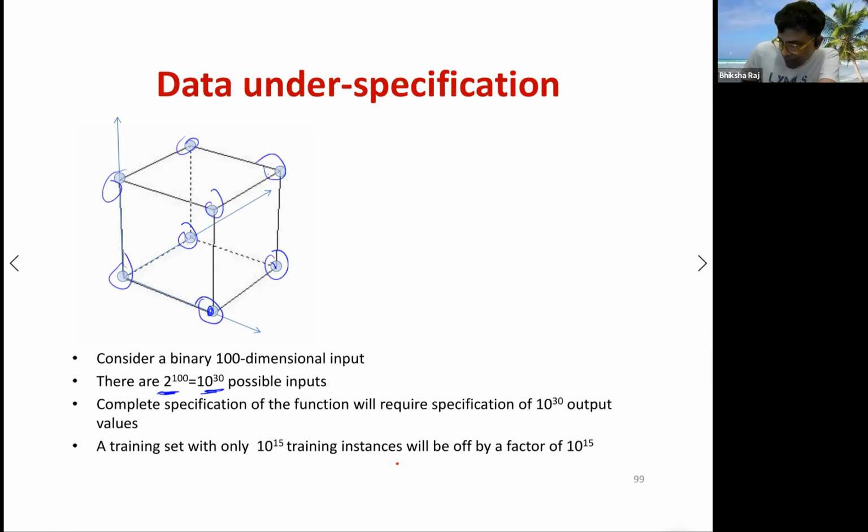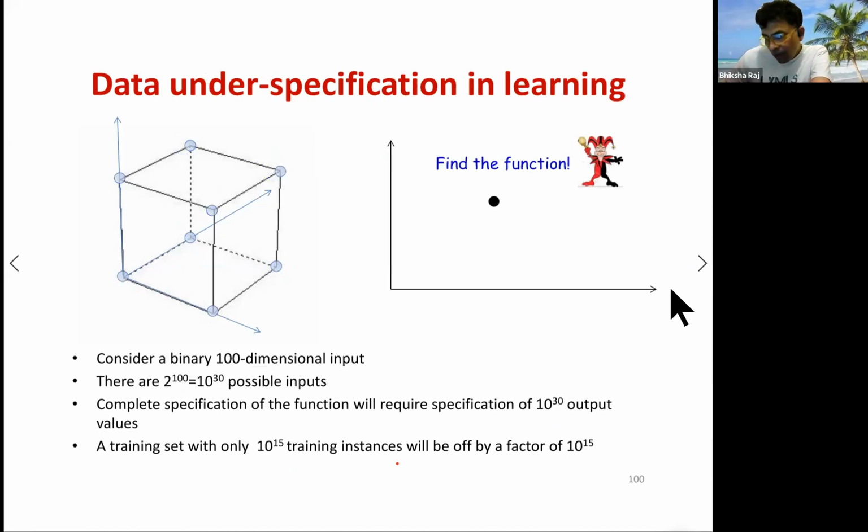If I provided 10 raised to 15 training instances, which is like 1,000 trillion training instances, to learn this function, and this is a really tiny function, right? Just a 100-dimensional binary input. You would think it's enough? Nope. You are going to be off by a factor of 10 raised to 15. Basically, it's as if you had no data at all, right?